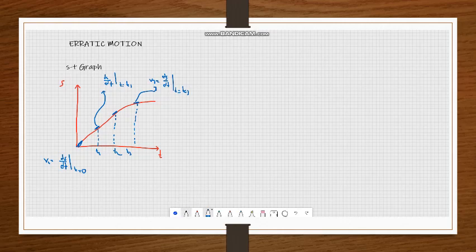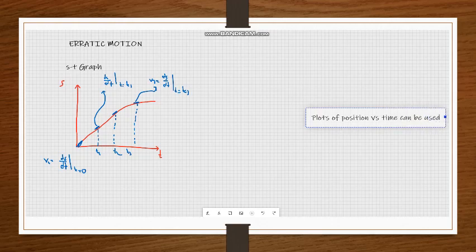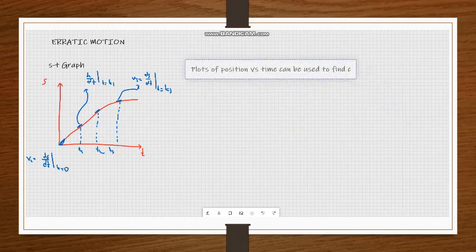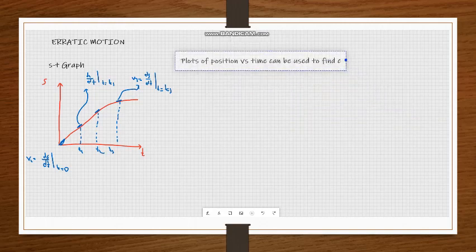So let's give a definition, and we can state it. Plots of position versus time can be used to find the velocity, which is v, let's say, versus time.